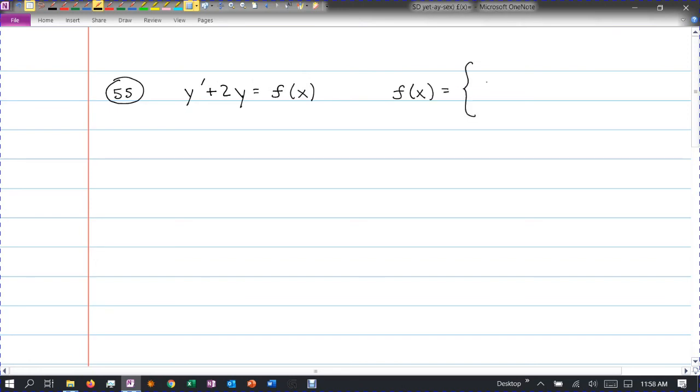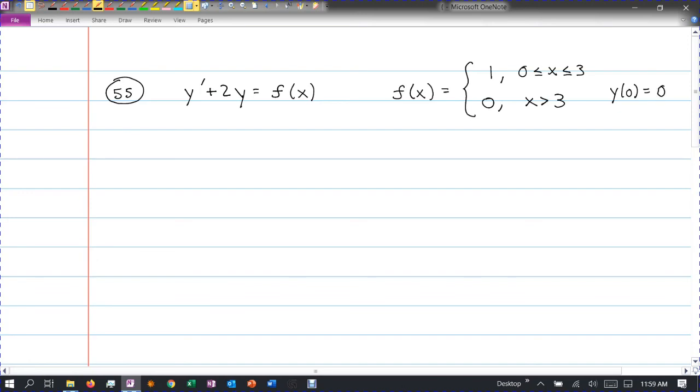In this particular example, it's 1 whenever x is between 0 and 3, including both 0 and 3, and it's 0 if x is bigger than 3. So what we're supposed to do is find a continuous function satisfying each differential equation and the given initial condition. So we also want that y of 0 equals 0.